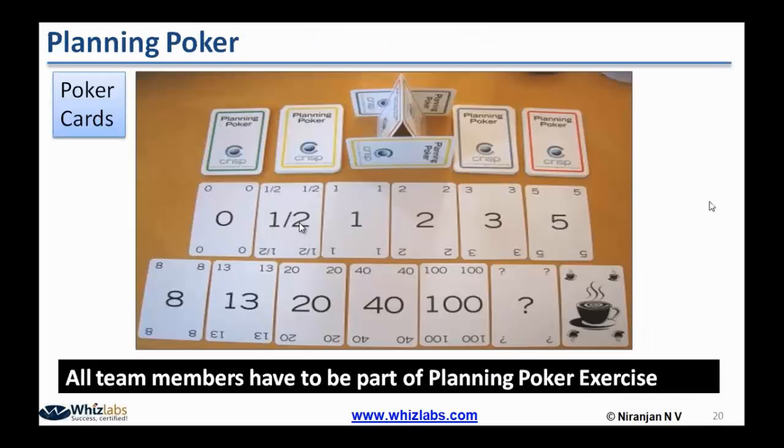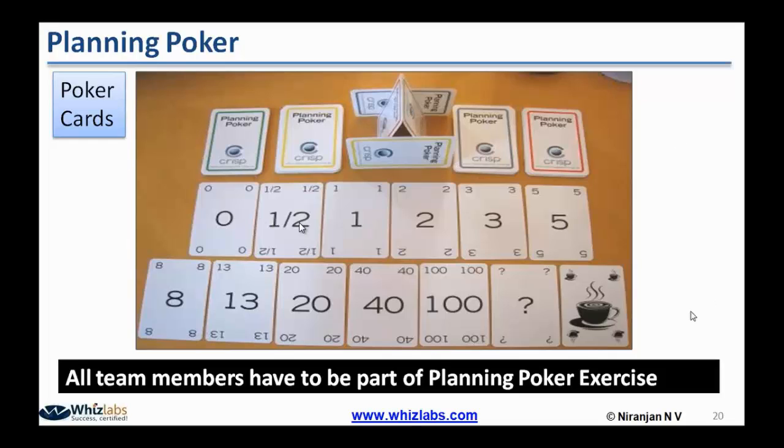Once the reference product backlog item is identified, we start the planning poker exercise. Some people make use of poker cards. If you look at the numbers here, these numbers follow the Fibonacci series. This expects all team members to be there for doing the estimation, irrespective of their experience.